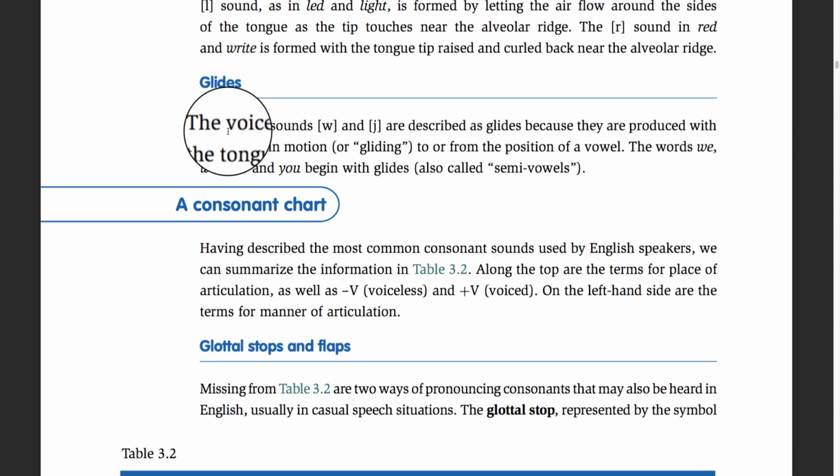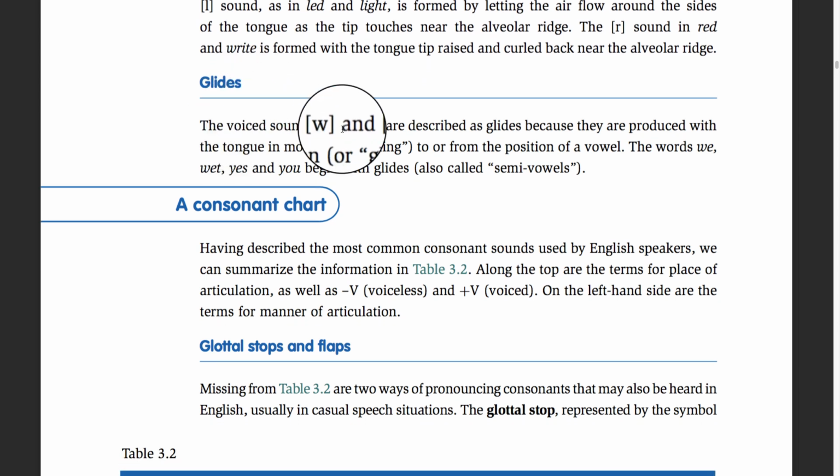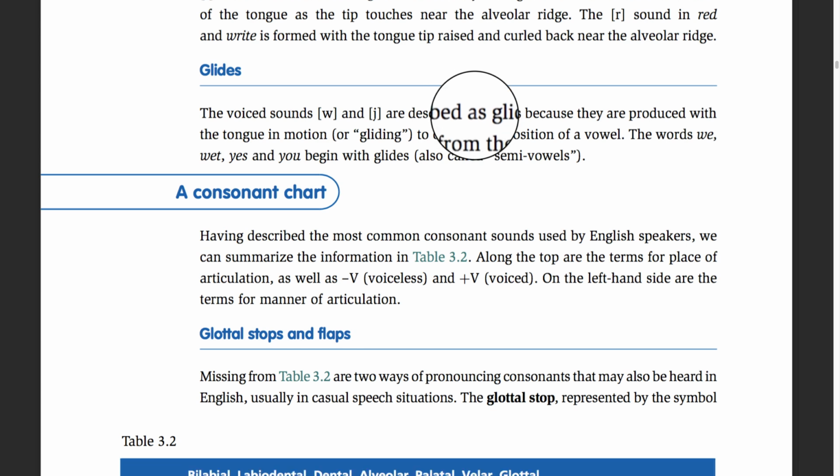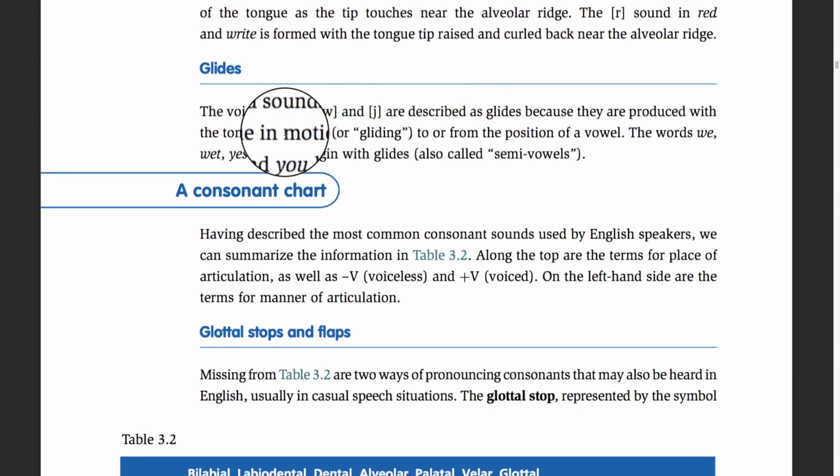Glides. The voiced sounds w and y are described as glides because they are produced with the tongue in motion. طبعا إذا جاك تعريف define glides، فأنت تقدر تقول the voiced sounds w and y are described as glides because they are produced with the tongue in motion. تقدر تقول glides are produced with the tongue in motion or gliding to or from the position of a vowel.